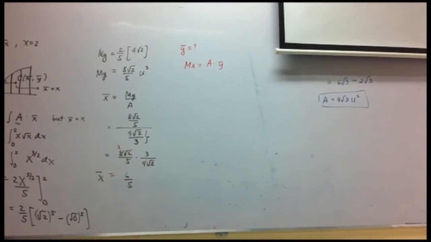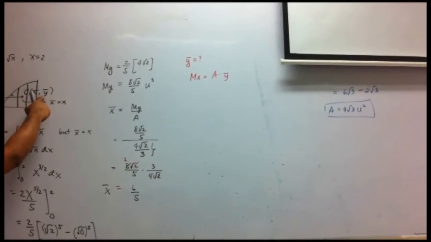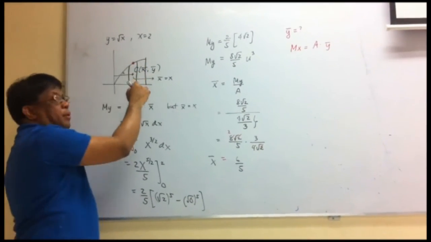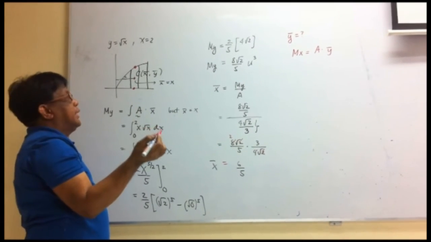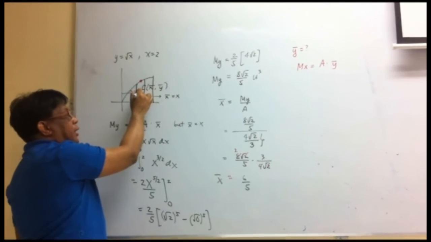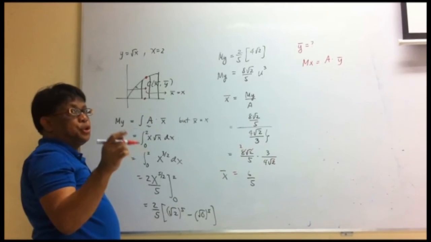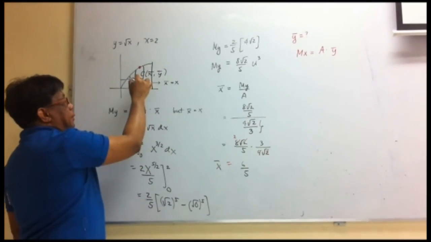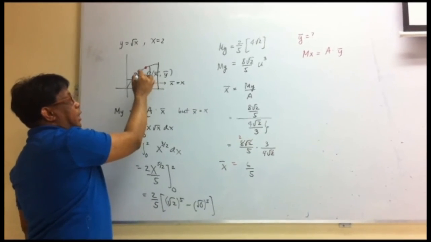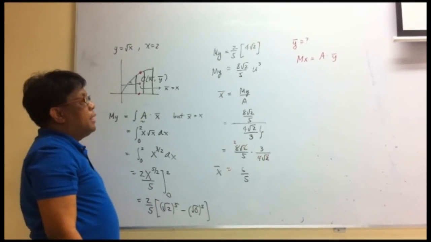Since it is a vertical strip, we will take the midpoint of the two points, because this centroid is located at the center of the region. We will assume that bar y, the point here, is also located at the middle of the rectangle, so we will make use of the midpoint formula.